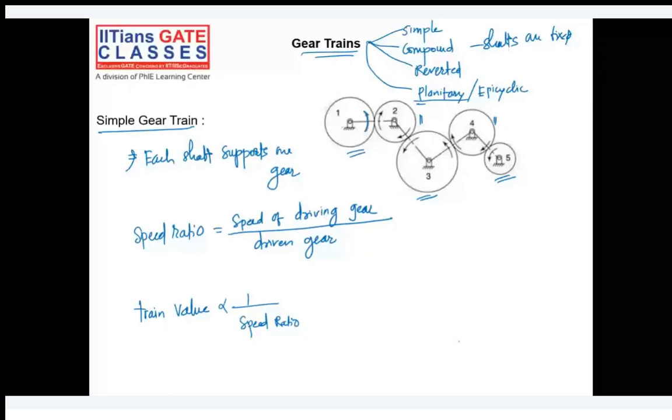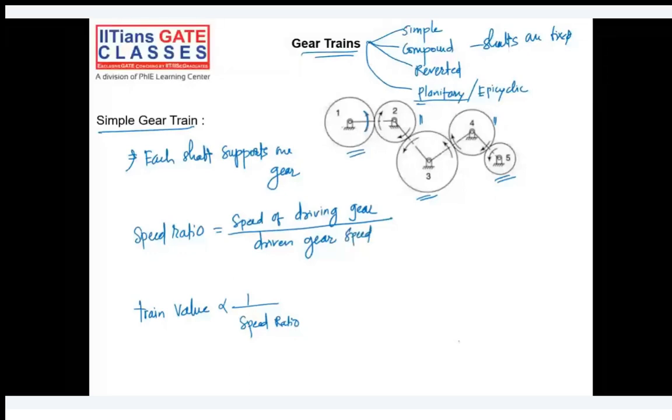So let's speak of driving gear and driven gear. Speed ratio is the speed of the driving gear to that of the driven gear, and train value is the opposite of the speed ratio.